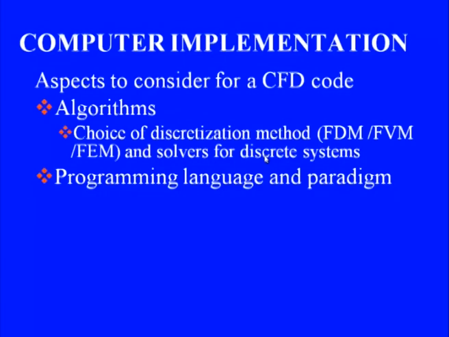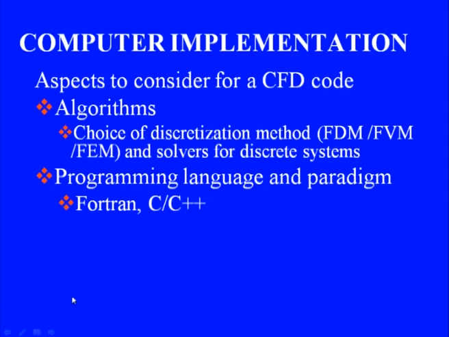So, in the set of algorithms, the first choice is our discretization method, and the next is the solvers for discrete systems. So, we have to make these choices. In fact, in a useful CFD code we have got to provide for a set of solvers for the discrete systems. Then which language to choose and which programming paradigm.